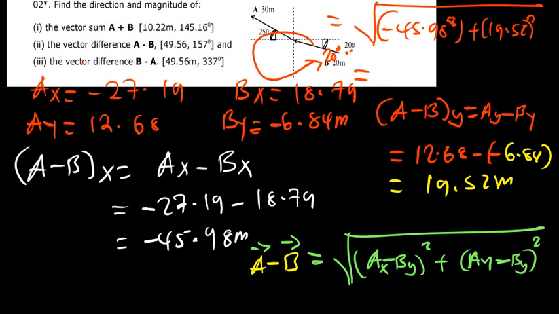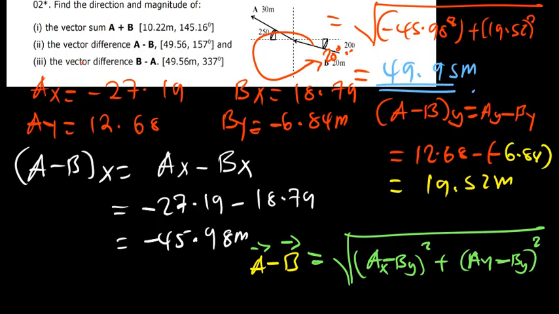So I have 45.98 squared plus 19.52 squared, then I get the square root. I'm getting 49.95 meters. That is my answer.